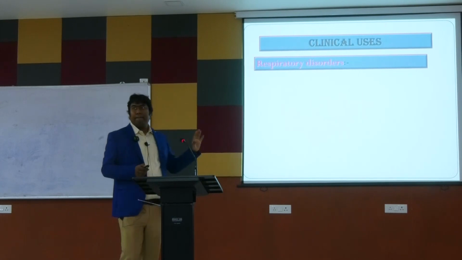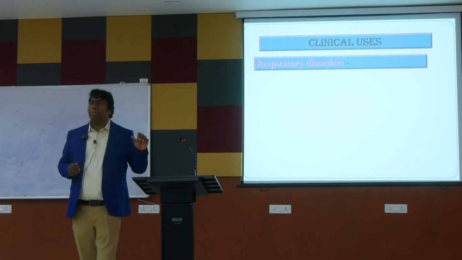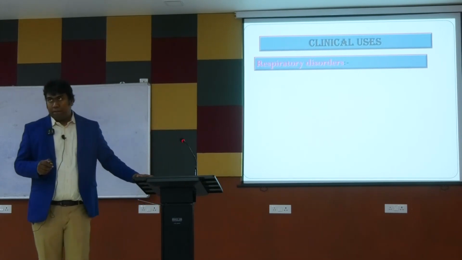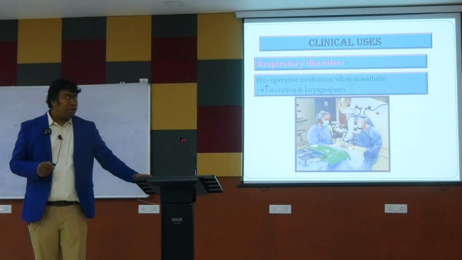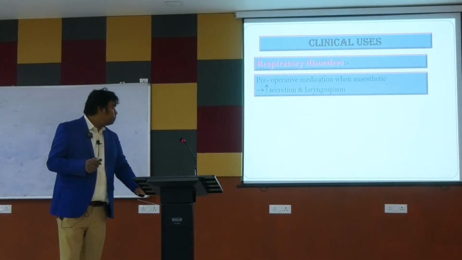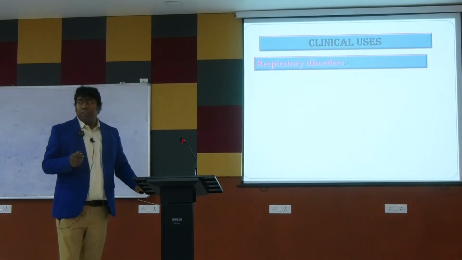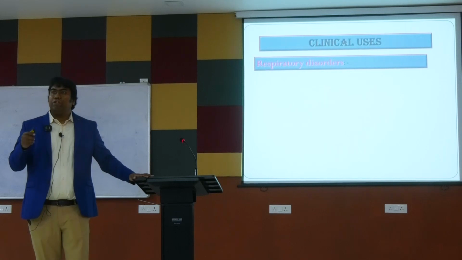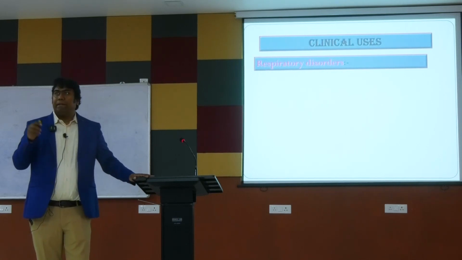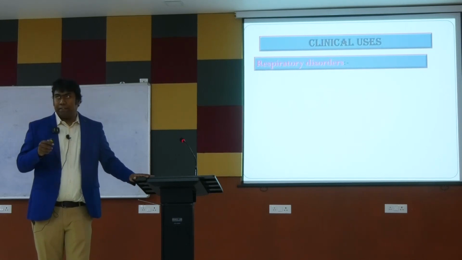Respiratory disorder: COPD and asthma. Ipratropium and tiotropium bromide are given. Hyoscine is sometimes also used as a pre-anesthetic medication to reduce secretion.